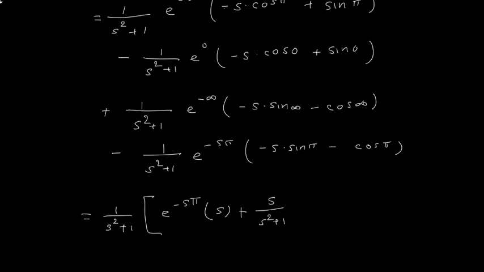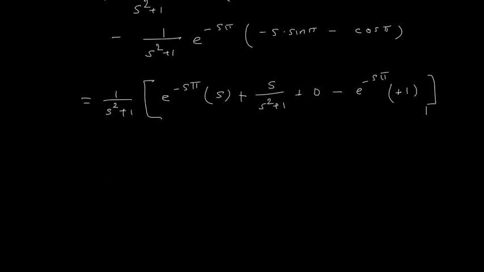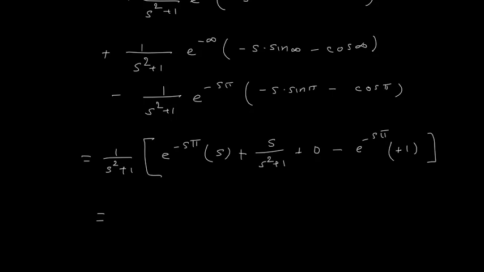Here sin 0 is 0, so we will not write that. Then e power minus infinity is 0, and anything multiplied by that is 0, so 0 minus e power minus s pi, and inside sin pi is 0, so this whole term is 0, and cos pi is minus 1, so minus minus gives plus 1. So finally I get, since we have already taken out s square plus 1, I will write only the s term, so plus s.